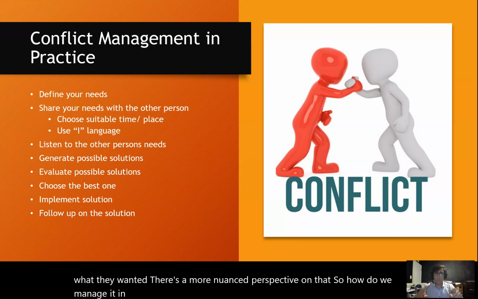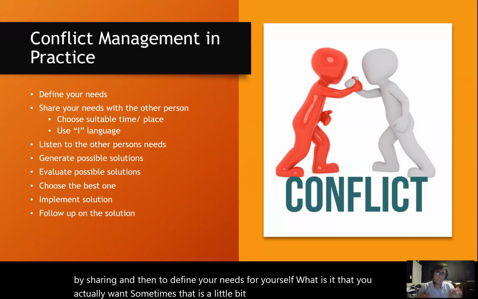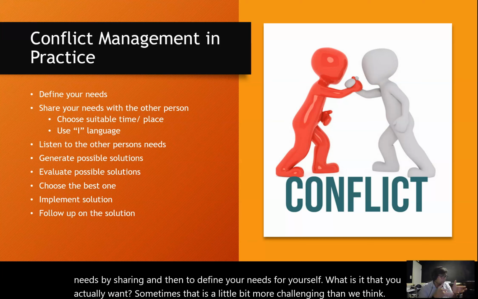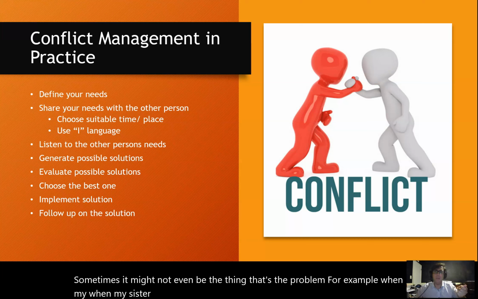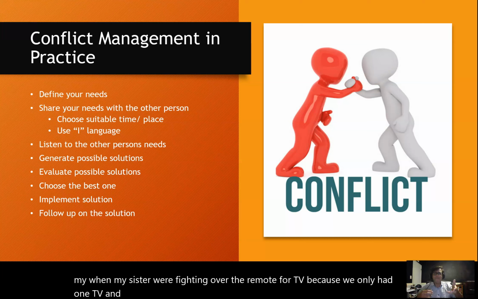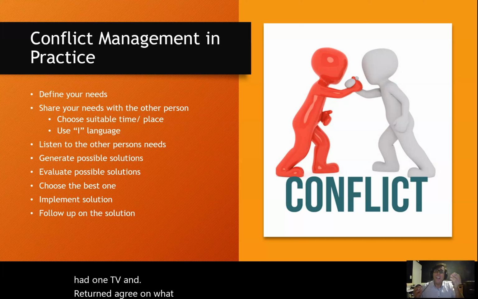The first step of any conflict is to define your needs for yourself. What is it that you actually want? Sometimes that is a little bit more challenging than we think. Sometimes it might not even be the thing that's the problem. For example, when my sister and I were fighting over the remote for the TV because we only had one TV, we couldn't agree on what to watch.